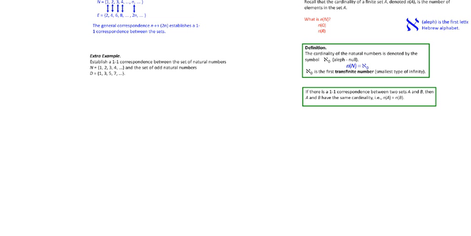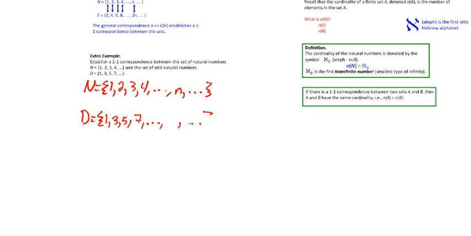So now it wants us to do that with the odd natural numbers. So I would rewrite my natural numbers. That's n. And then I need to match it up with my odd. And I need to figure out what the rule is.